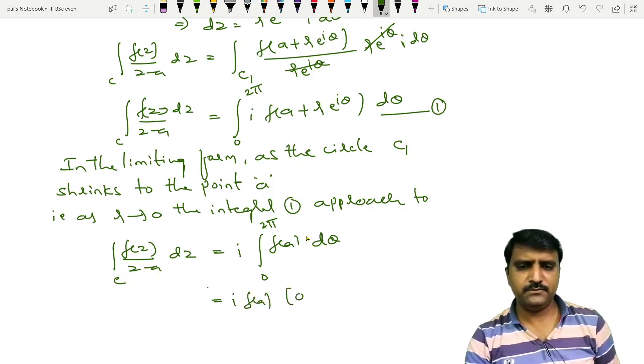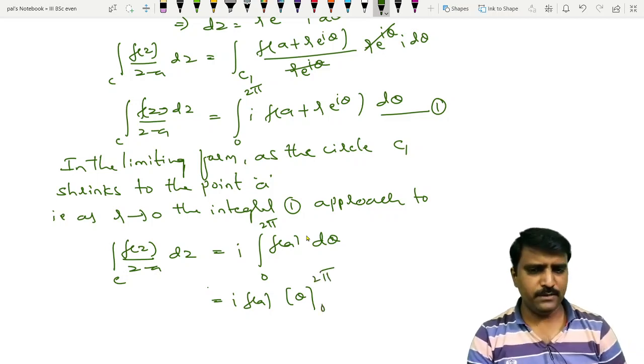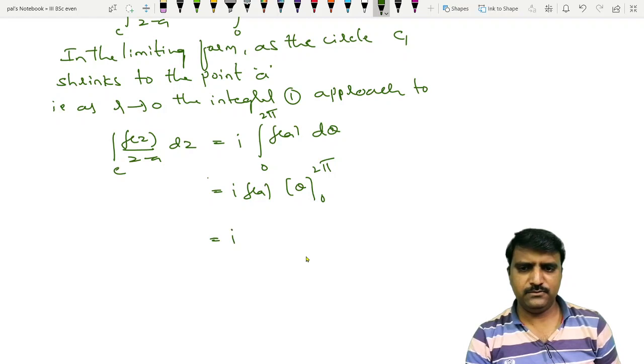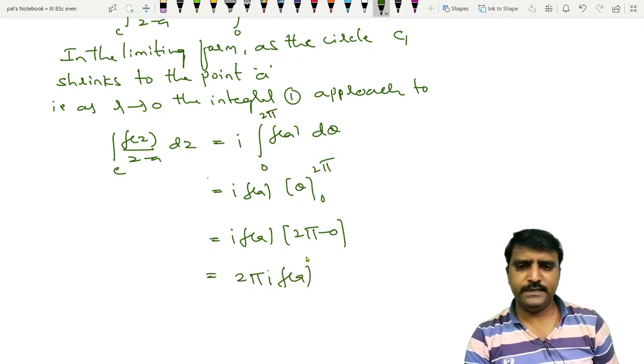Integration with respect to theta is theta, limit 0 to 2 pi. Apply the limit, which is equal to i into f of a into 2 pi minus 0, which is equal to 2 pi i into f of a.